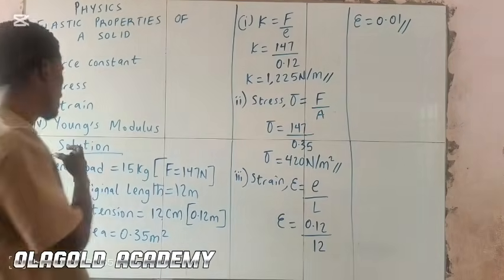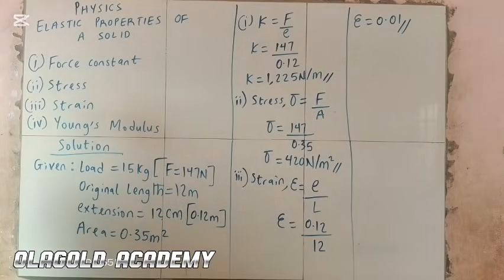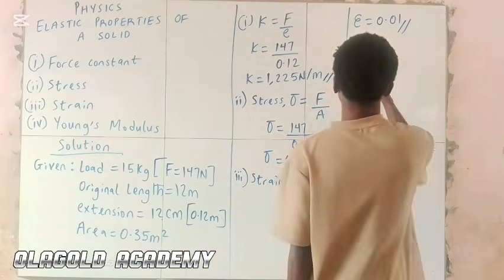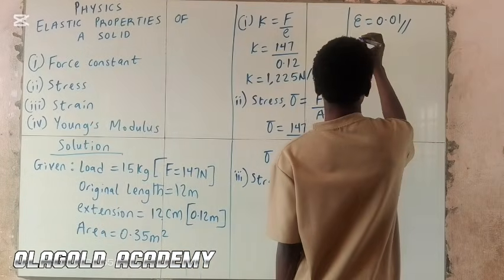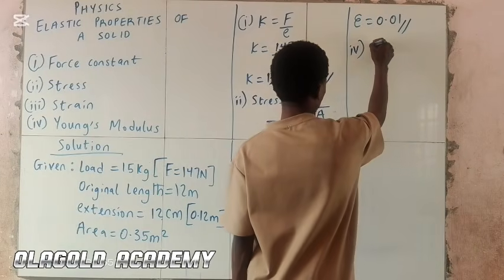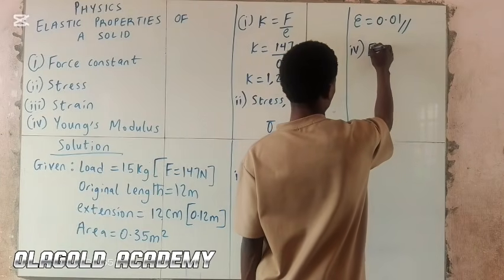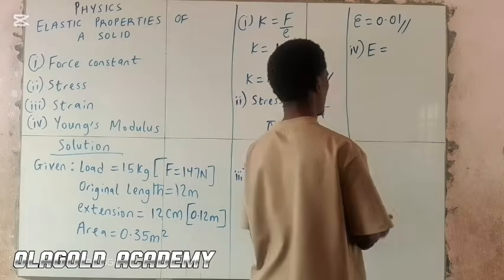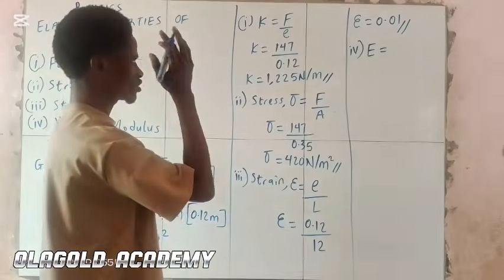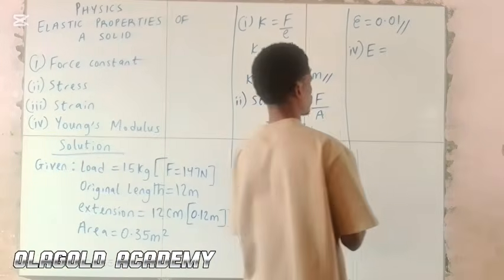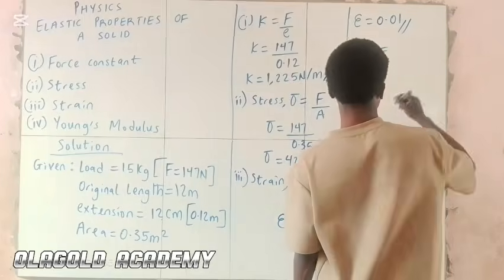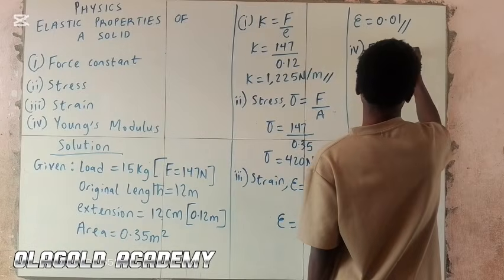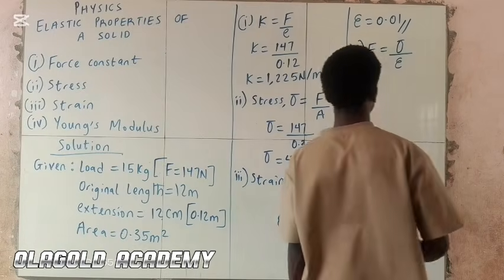Alright, lastly, question 4, we have to calculate Young's modulus, which has a symbol of E. And remember, Young's modulus has the formula of stress over strain, so we have sigma over epsilon.